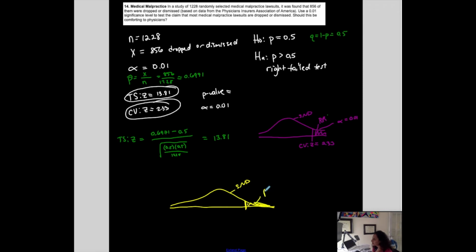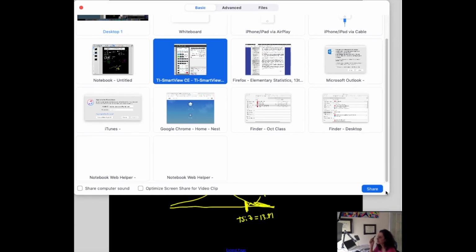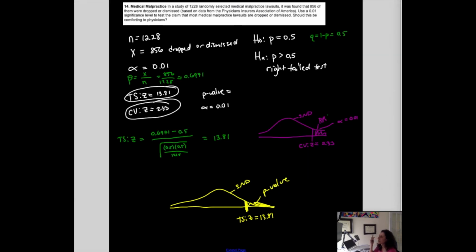So the p-value is this area in the right tail. But instead of the critical value here, we have the test statistic, which is 13.81. So the p-value is the area corresponding to the test statistic that is in the same tail as the rejection region, but it's not the rejection region. When I talk about how we determine our conclusion, I'll show you how technically you're doing the same idea. They both do the same thing, but I'll show you the difference.